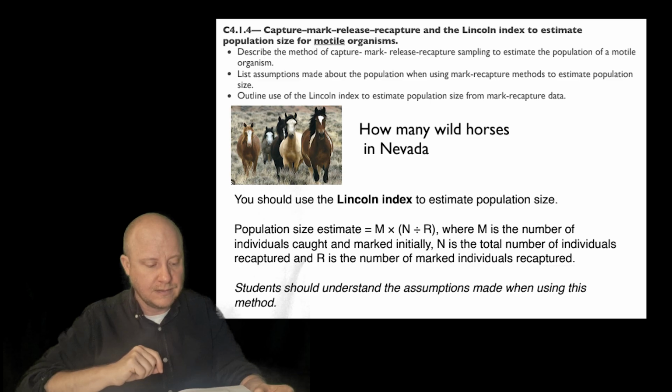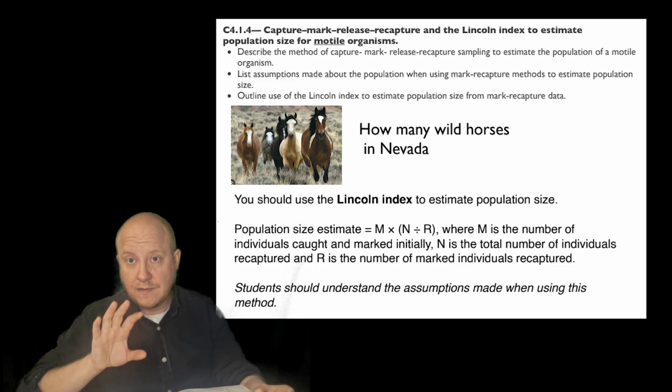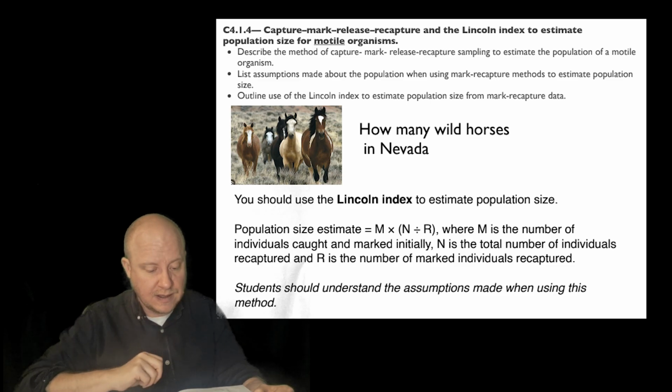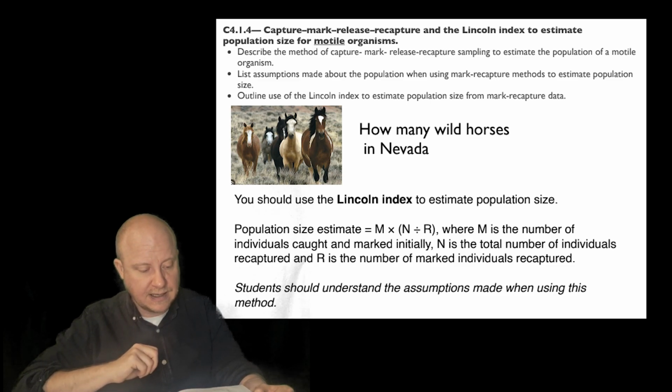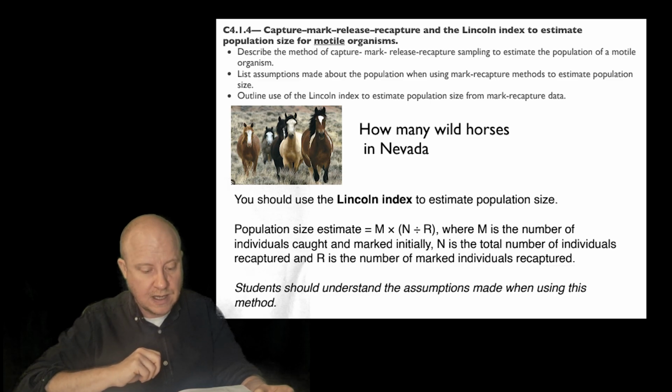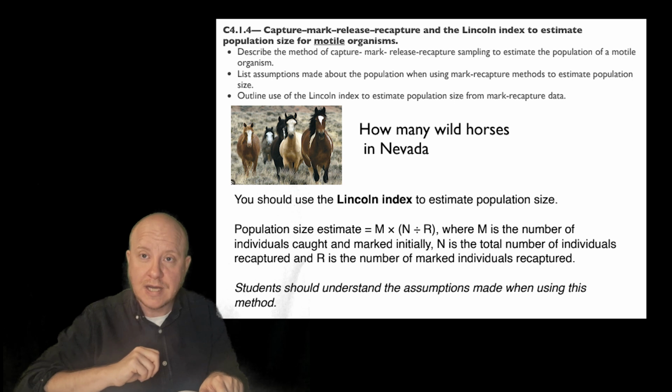The capture, mark, release, recapture method, all of that is bolded, you need to know this method, is a sampling technique that enables you to estimate the number of animals in an ecosystem. It is used instead of quadrats for motile organisms, those that move around.